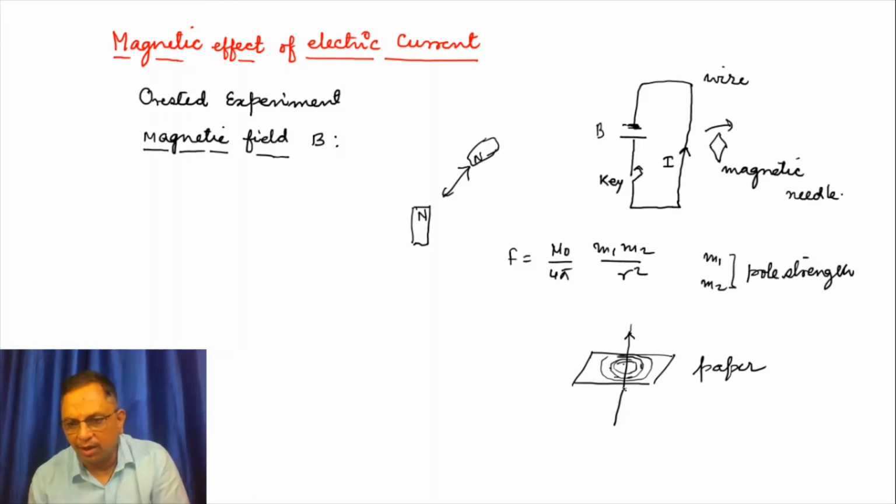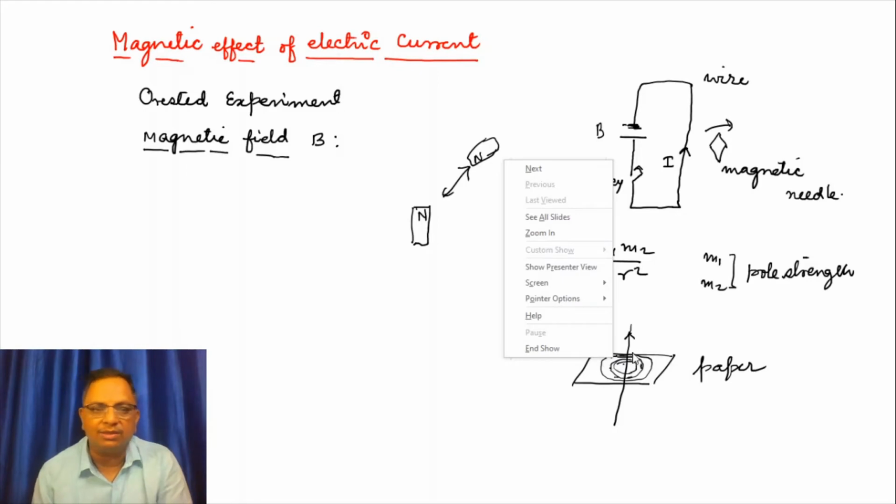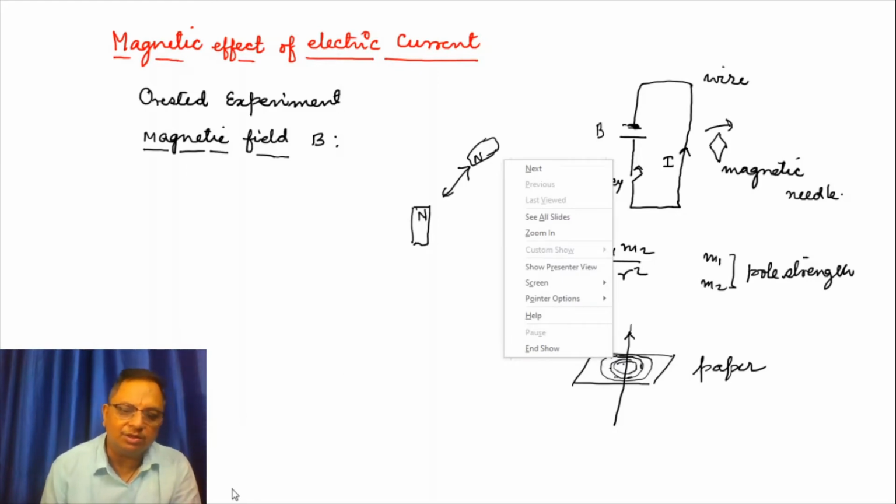This way you observe the magnetic field, but the magnetic field strength we calculate with the help of Biot-Savart rule. Let's see what is Biot-Savart rule.